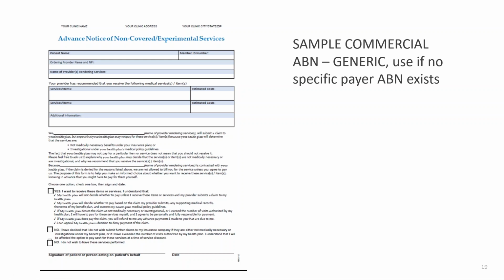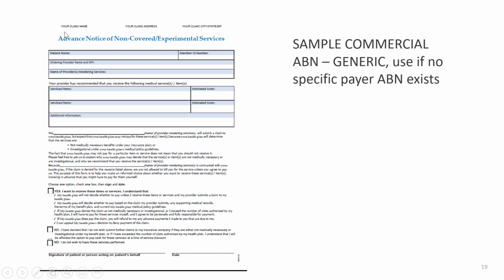This way, if the payer does not have a form, this form is specific enough that it could be utilized in the same way if the payer denies the claim as experimental or not medically necessary. And so it basically does the same thing that the ABN does.